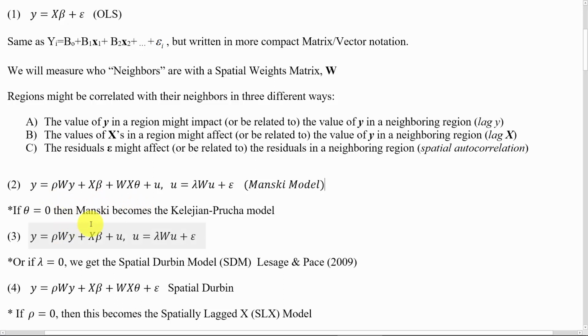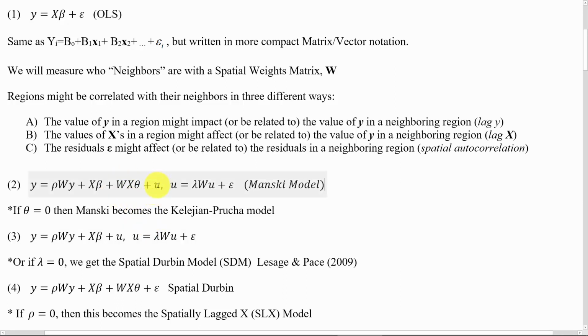So instead of calling them betas, like we would for our own characteristics, we're calling them thetas. So this would be, how does my neighbor's education affect my unemployment? How does my neighbor's social capital affect my unemployment? So that's what's going on here, plus u.